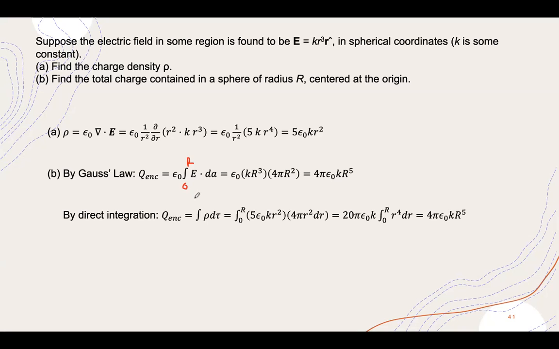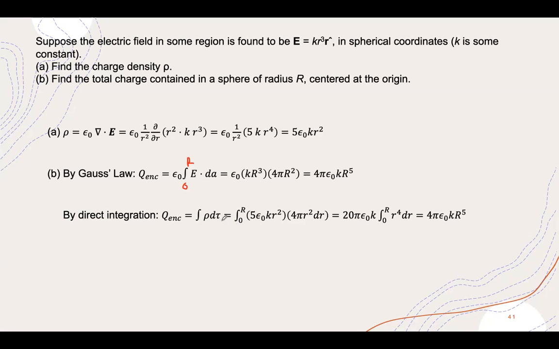What is another way? Another way of doing this is by using this definition. By direct integration, you can use this formula, which we developed in problem number A. You just write Q enclosed as the integral of rho d tau from 0 to r, and substitute this value of rho, which you found already.